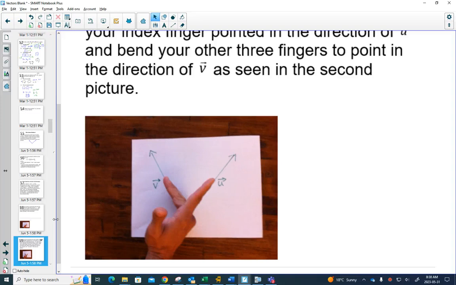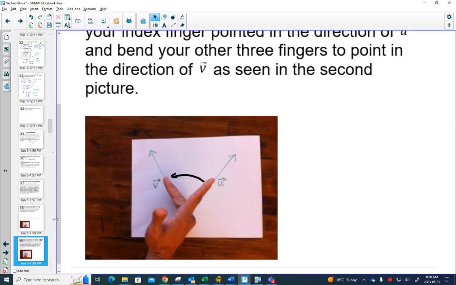So here's your hand completely flat. You would put that on your vector u in a way so that you could bend your bottom 3 fingers. I can only bend them this way. In this situation, when I bend it towards v, sometimes I like to draw an arrow there that your fingers are bending towards that way. Then my thumb is pointing out towards me or upwards out of the paper.